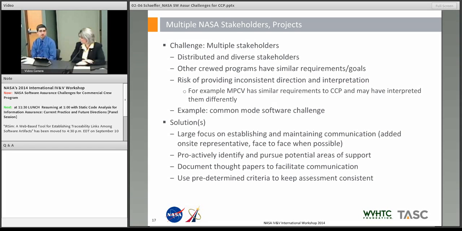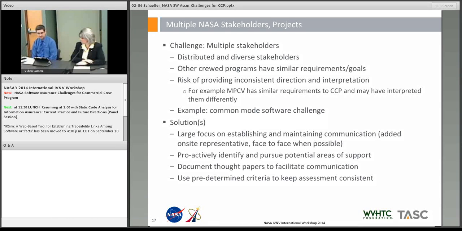Mainly, our internal stakeholders were safety and mission assurance for commercial crew, engineering, they called them SC&I, I think it's systems engineering and integration, and the International Space Station. So when we had to make a decision or a NASA view on a topic, those were the three stakeholders that we had to include.